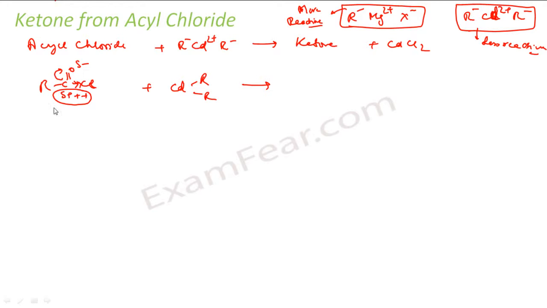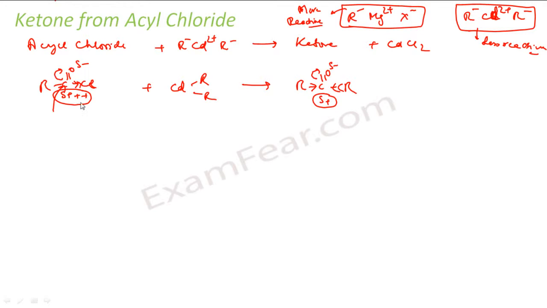So this carbon has very much positive charge, but if you see the ketone, right, this oxygen gets slightly negative charge, this carbon gets slightly positive charge, but this alkyl group gives electrons to this carbon, so this has less positive charge. This has all the more positive charge.